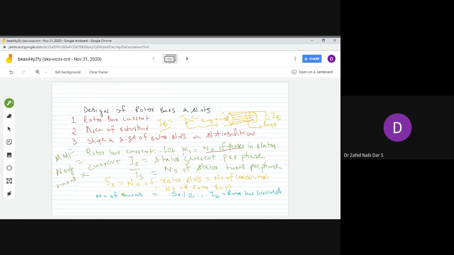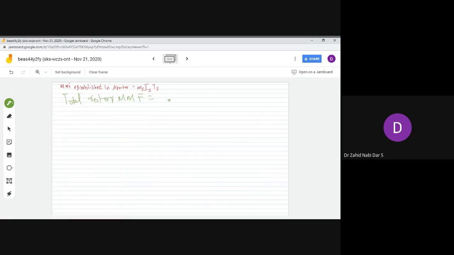In the rotor, we just saw the number of turns is Sr by 2, and the current established in the rotor is IB. So the MMF established in the rotor is the multiplication of these two terms. So we can write the total rotor MMF is equal to Sr by 2 into IB.